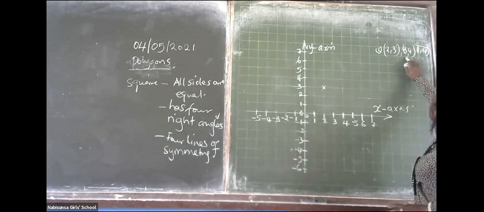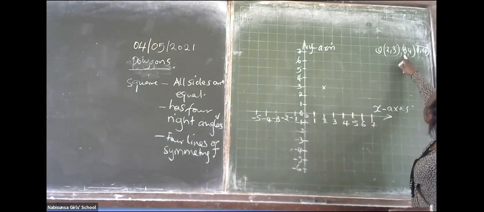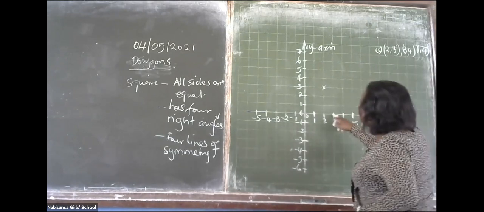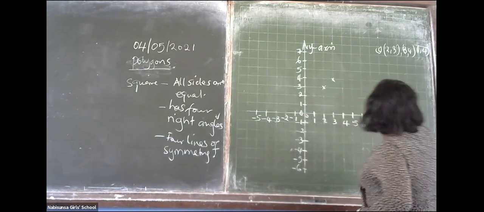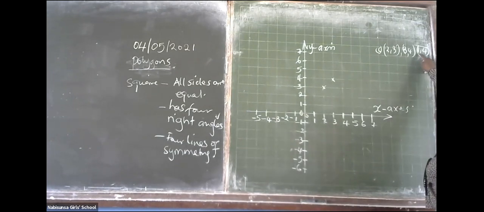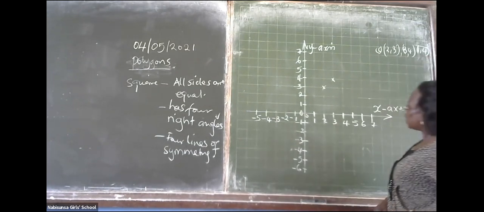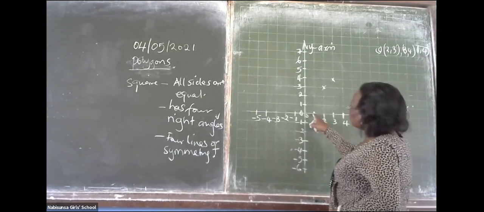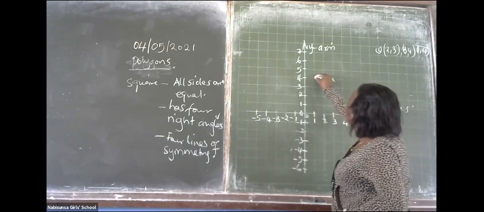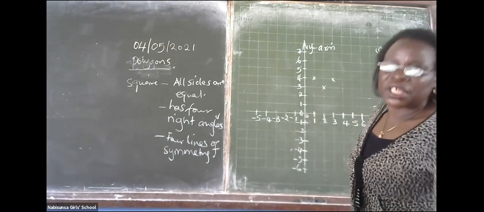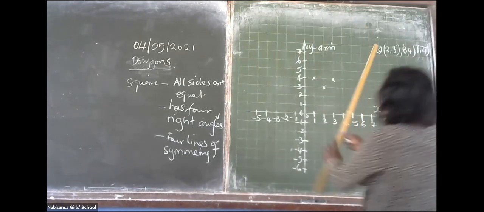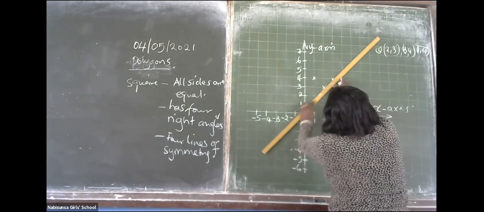Our second point is 3, 4. What is the x coordinate? 3. And what is the y coordinate? 4. So we have 3, 4. That is our other corner point. Then we have 1 on the x and 4 on the y. So we have that one. When we join them, we locate the missing one.